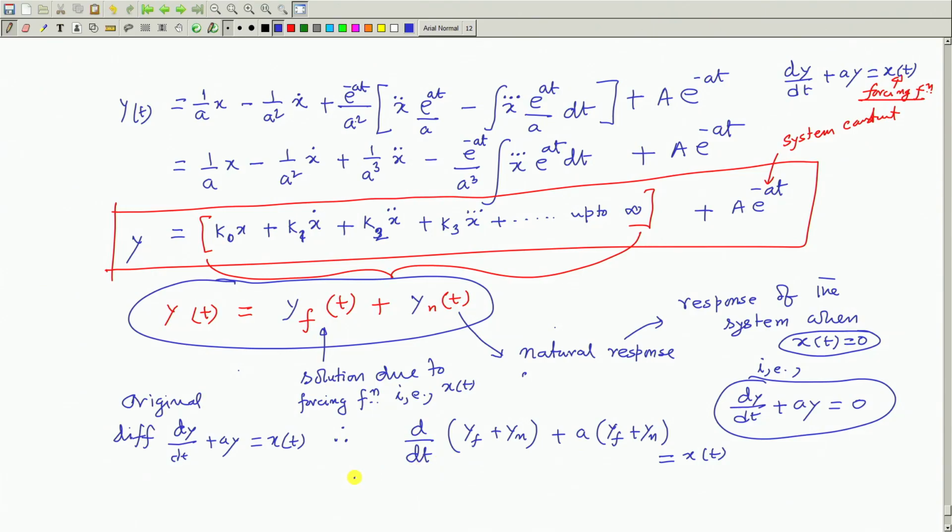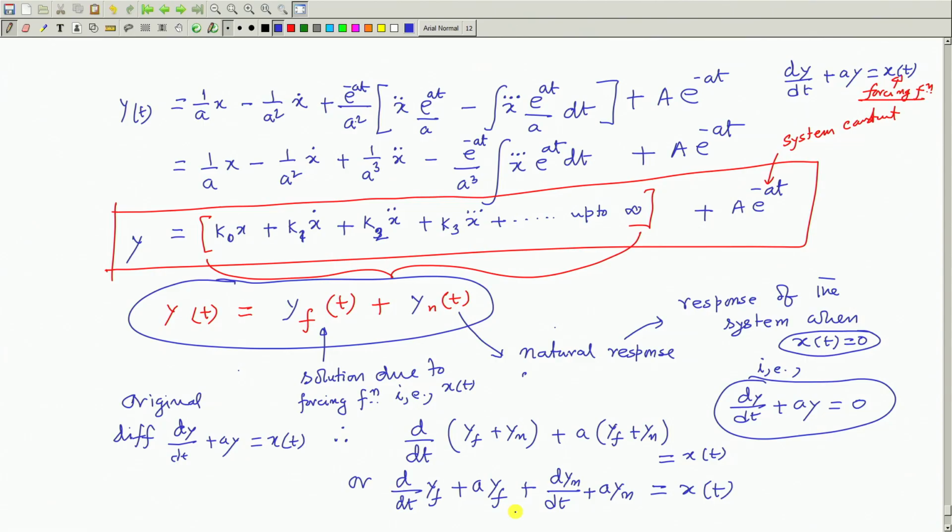Now, I will write this as d dt of y f plus a y f, plus d y n by dt plus a y n, and that has to be x t, is not.